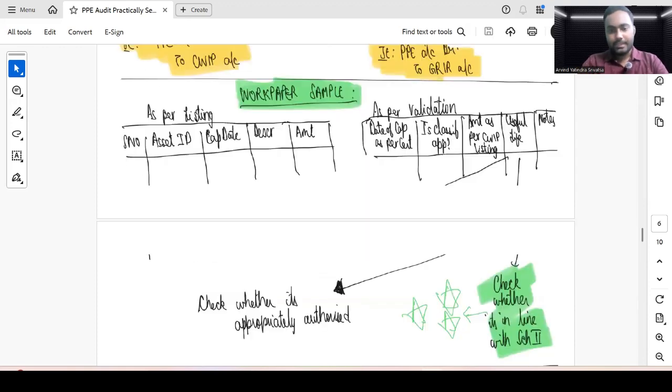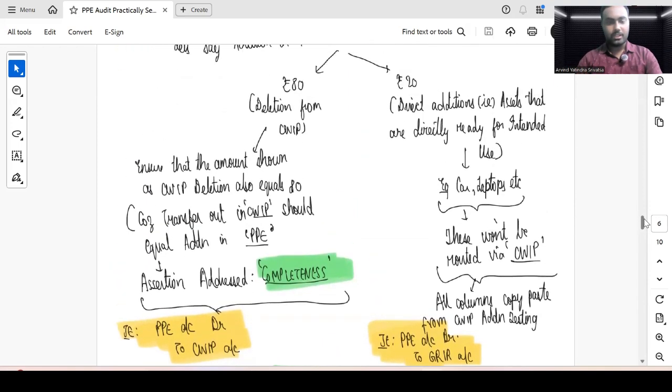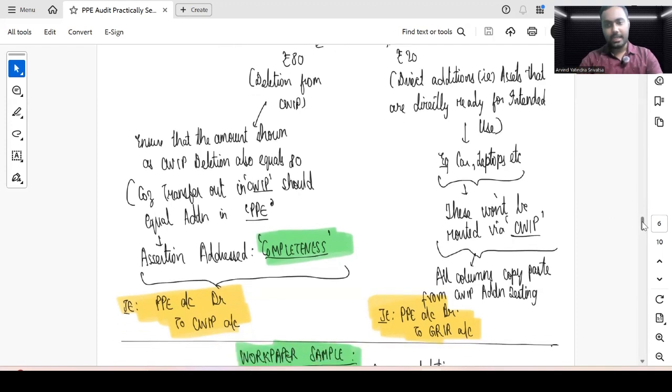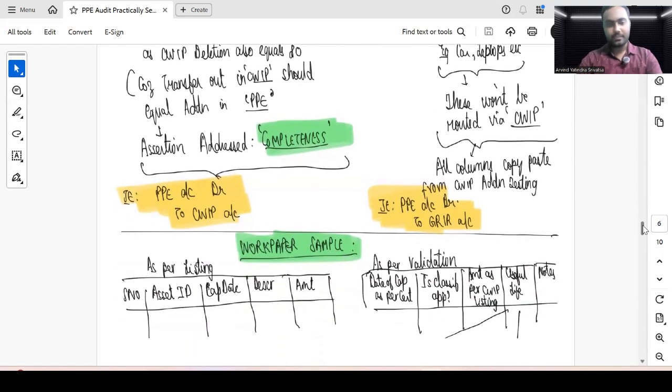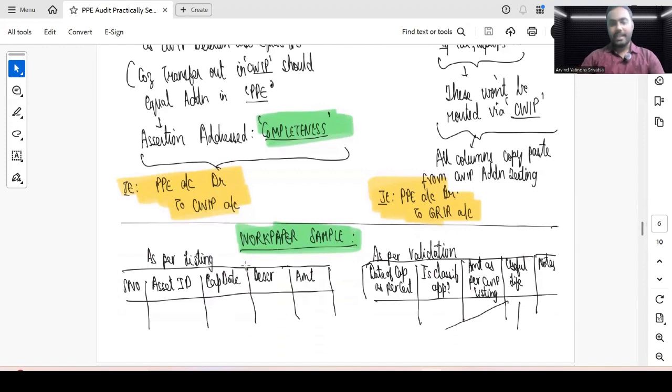Yep. Next. Another thing which we need to do is, as I told you earlier, for the amount that is getting routed from CWIP, that is the 80, we don't need to do a separate testing, but we need to check certain attributes in relation to this case. Let's just come down a bit and I'll explain what attributes we need to check. So basically, the 80 would get transferred from CWIP ID to asset ID, right?